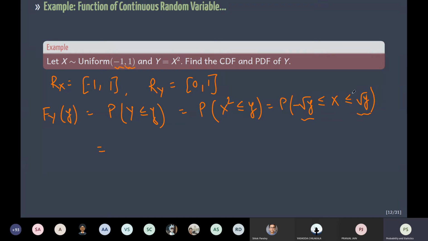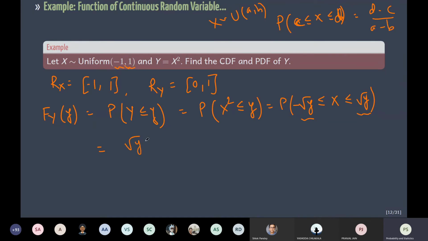So this will be proportional to the interval, right? We remember for the uniform case, with c less than or equal to x less than or equal to d, and x uniform on (a, b), the probability computed was (d minus c) divided by (b minus a). Okay, so that's what we are going to do here.